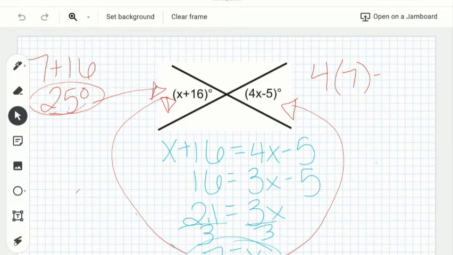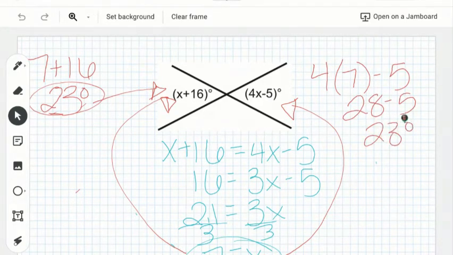I do not get 25 degrees, I get 23. Math. Good thing to double check my work. And I get 23 degrees on that side, which makes sense because they're vertical angles and they should be equivalent.